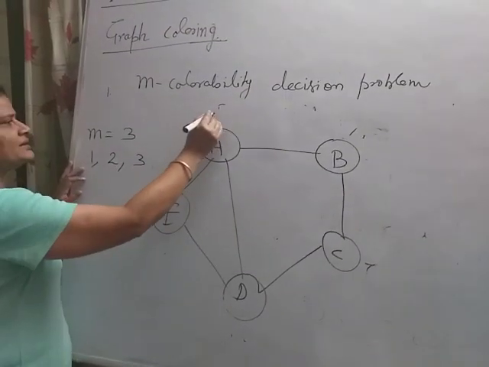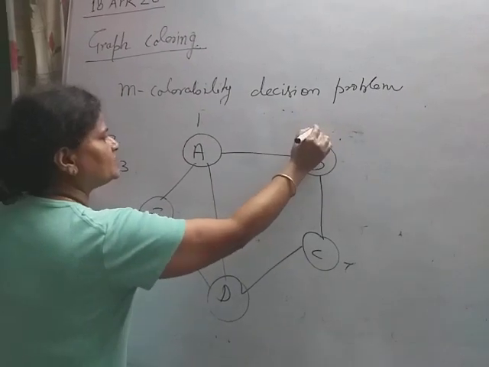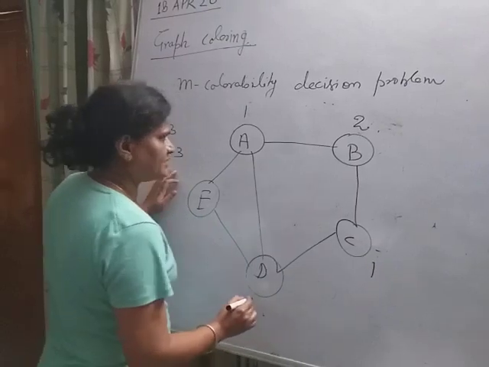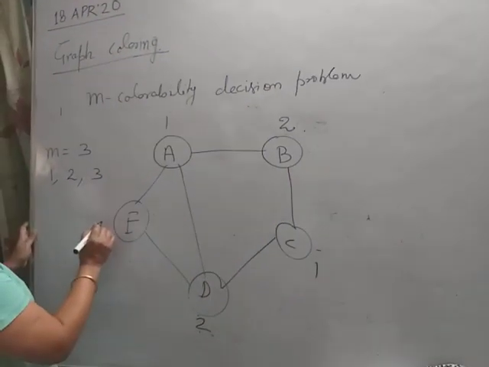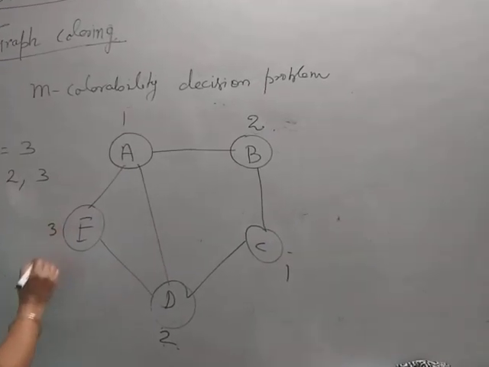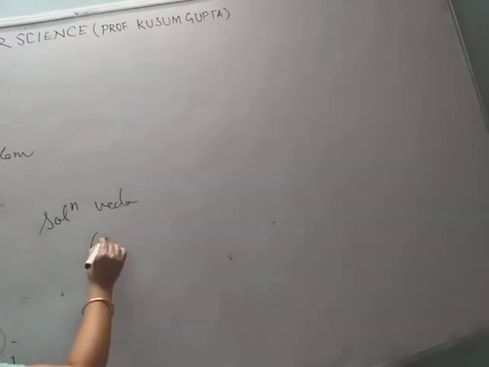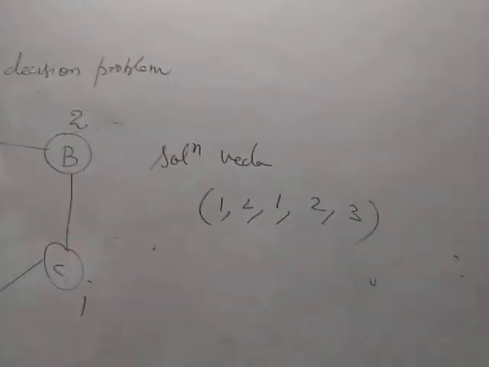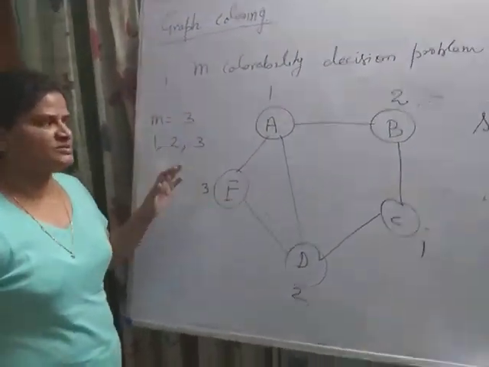A can be colored with 1, so B can be colored with 2 or 3. One solution vector is 1, 2, 1, 2, 3.